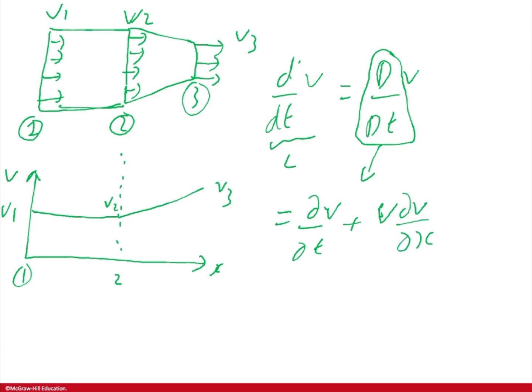So this first term represents the time rate of change of velocity, okay, while the second term represents, okay, so let me just write it down so it's clear. Okay, and this is from the Eulerian perspective.